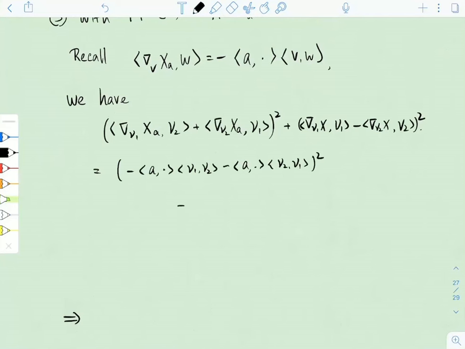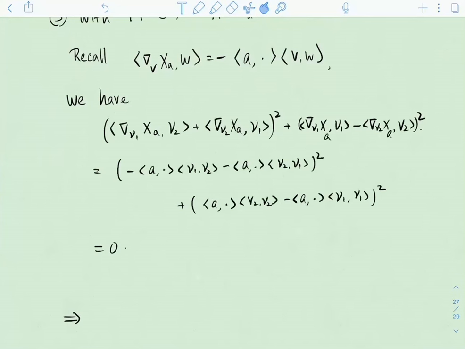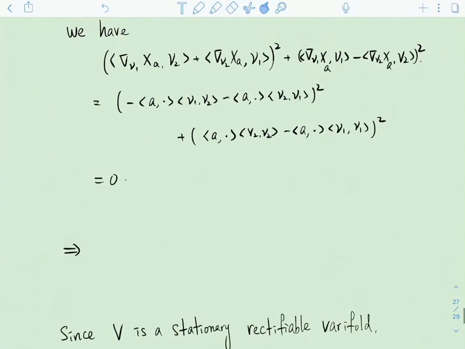Like this, and then plus A, and then nu2, and then minus A dot mu1. There should be subscript A's here. Okay, and this is 0 because nu1, nu2 is an orthonormal basis of the normal space.